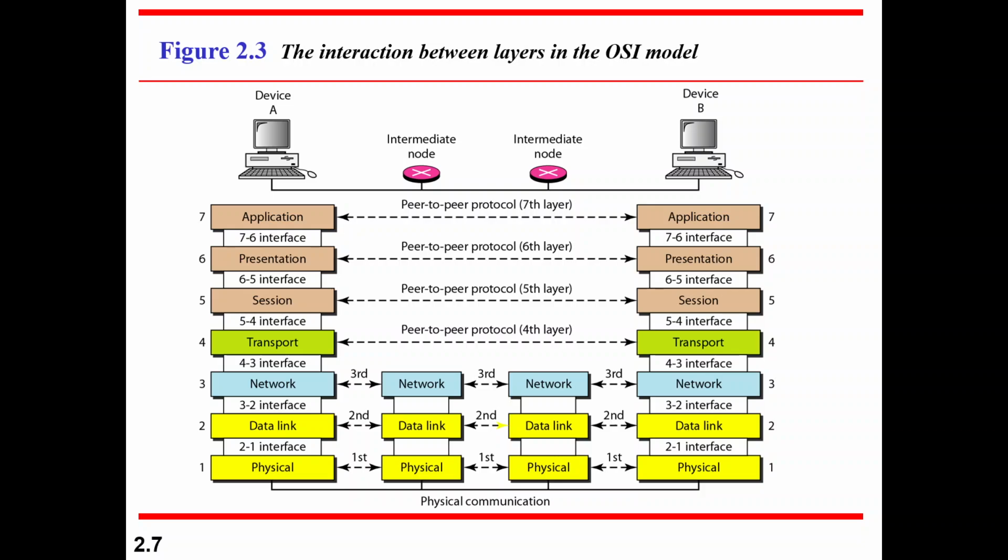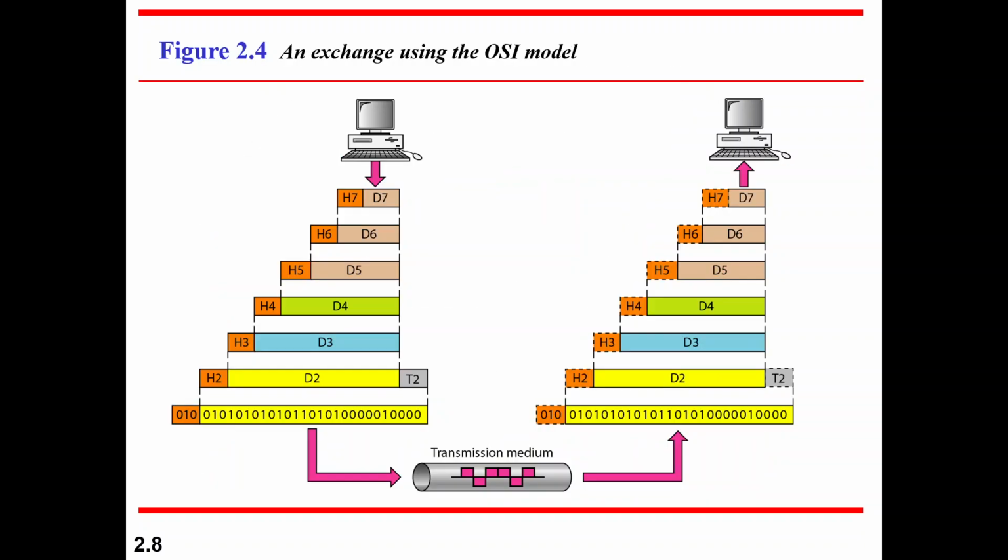In figure 2.4, which gives an overall view of the OSI layers, D7 means the data unit at layer 7. D6 means the data unit at layer 6, and so on. The process starts at layer 7, the application layer, then moves from layer to layer in descending sequential order.